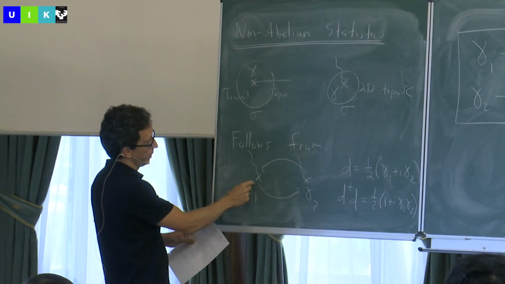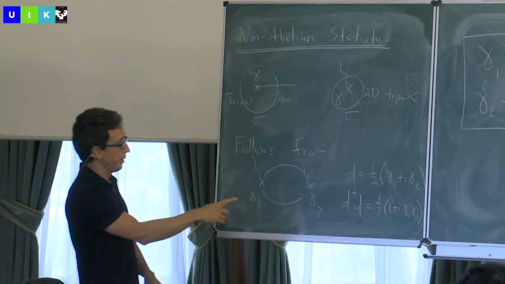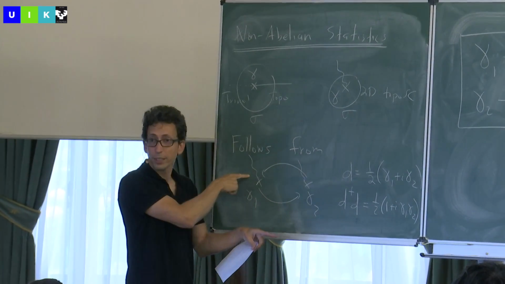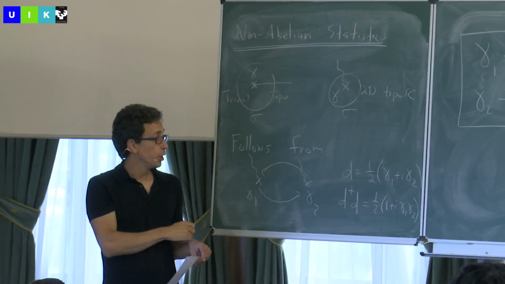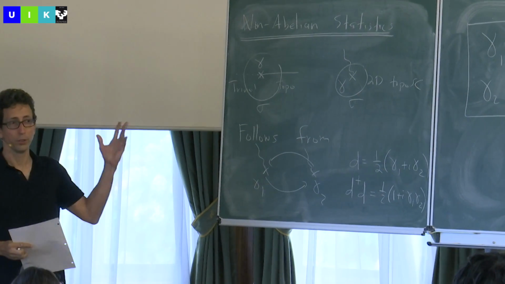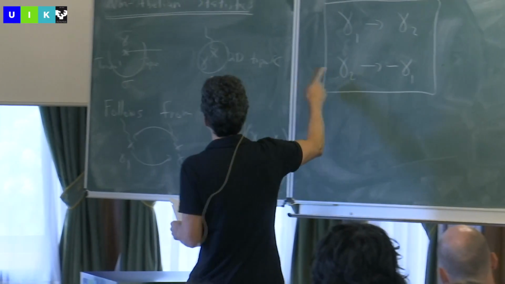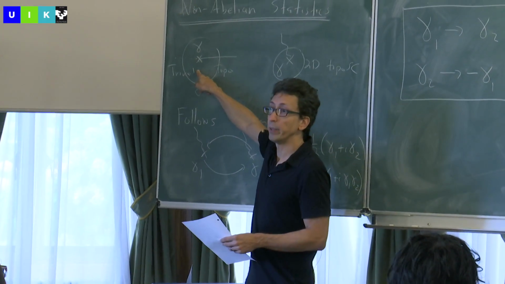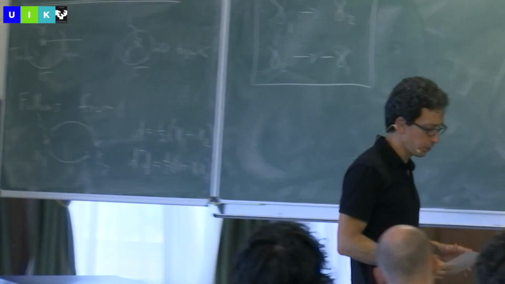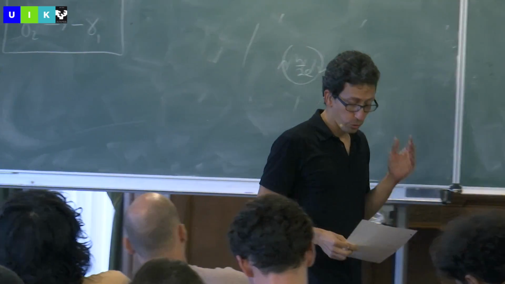If you were to swap along the path that I've shown here, you can see that gamma 2, en route to taking gamma 1's position, is going to cross the branch cut that emanates from gamma 1. But gamma 1 is not going to cross the branch cut emanating from gamma 2. So one of those gets a minus sign, but not the other. You'll also get this minus sign incidentally if you swap domain walls in a network of two-dimensional topological superconductors, although I think it's a bit more challenging. There's not a simple pictorial illustration of that.